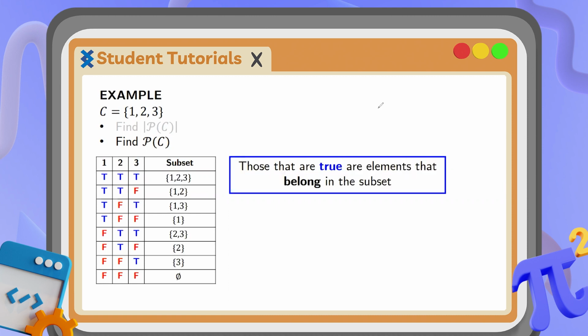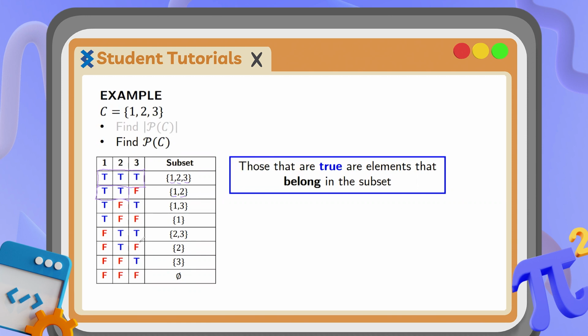So those that are true are elements that belong in the subset. So what do I mean by that? Notice how here 1, 2, and 3 are true. Therefore, the subset would contain 1, 2, and 3. In the next subset, we have 1 and 2 only, which are true, then 3 is false. So we will just include 1 and 2.